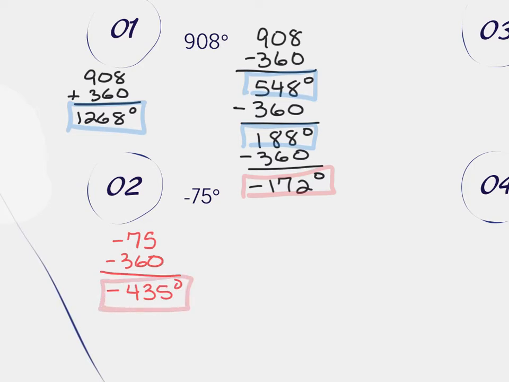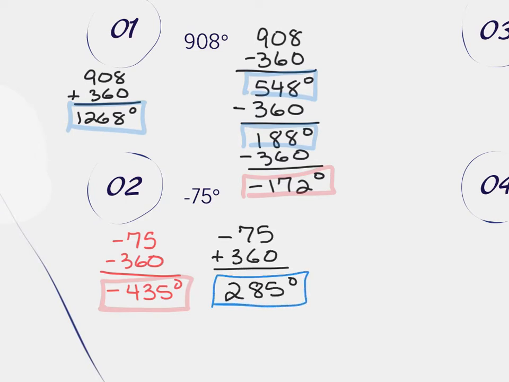To get to the positive coterminal, take negative 75 and add 360 degrees, and that gives me 285 degrees. And that will be my positive coterminal angle. And again, all three of these are going to start on the same initial side and all end up on the same terminal side. Let's try number 3.